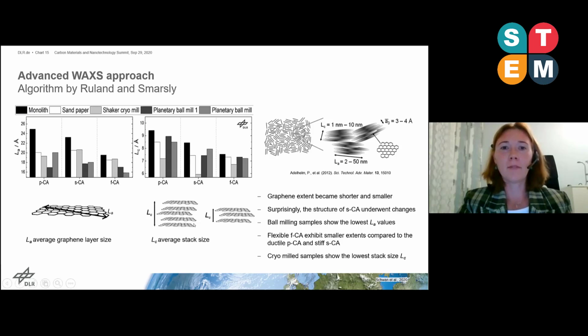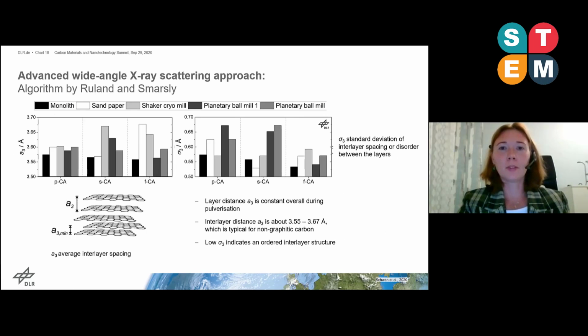Also, if we look at the average stack size, so the number of graphene layers, we can also see that this stack size decreased, which was not expected, because even with the sandpaper, we could already change the structure. Then if we look at the standard deviation and also the average interlayer spacing, we can see that it was quite constant.